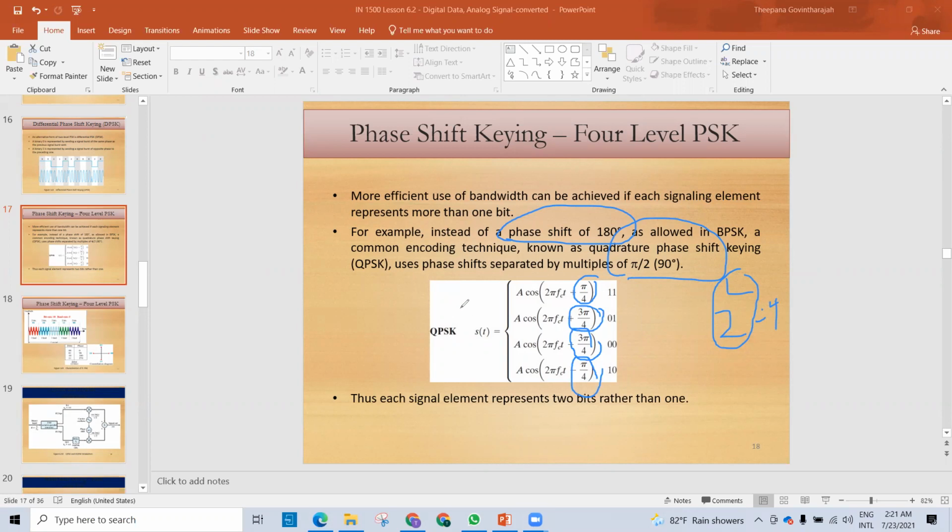And this 4-level PSK is also called QPSK. Each signal element represents 2 bits rather than 1.